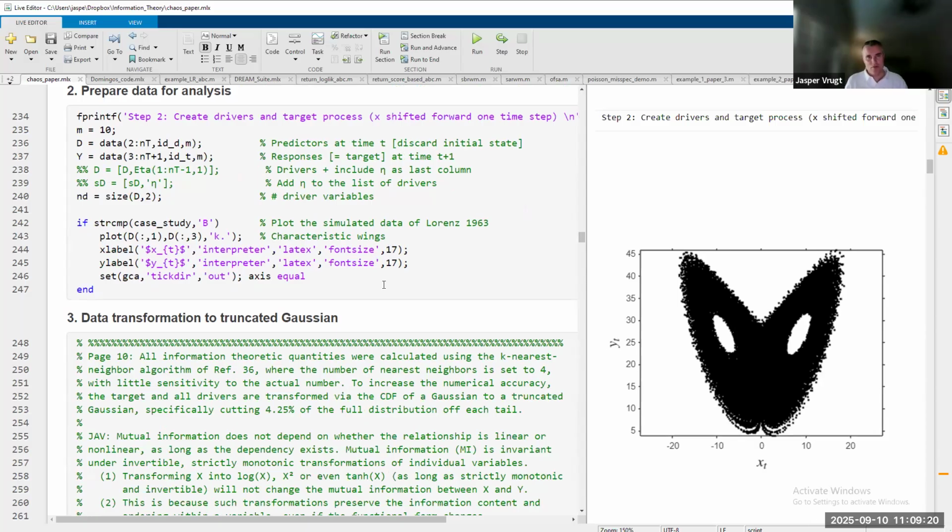And then you look at mutual information and how that evolves in time. If you want to estimate mutual information, conditional mutual information, joint mutual information, really accurately, you need a lot of samples. And that blows up with the number of dimensions.